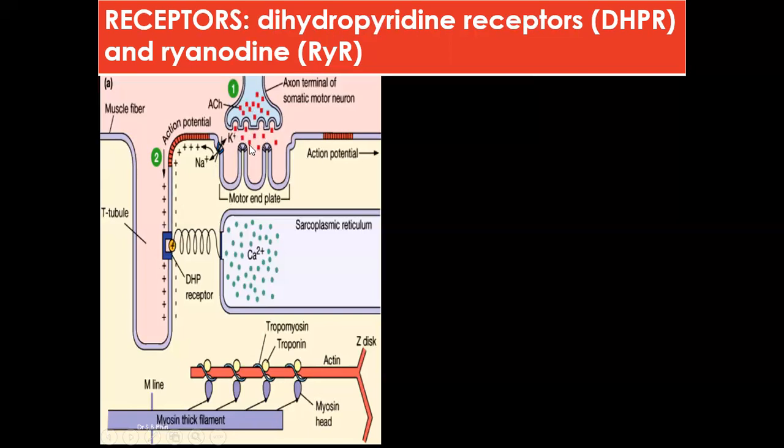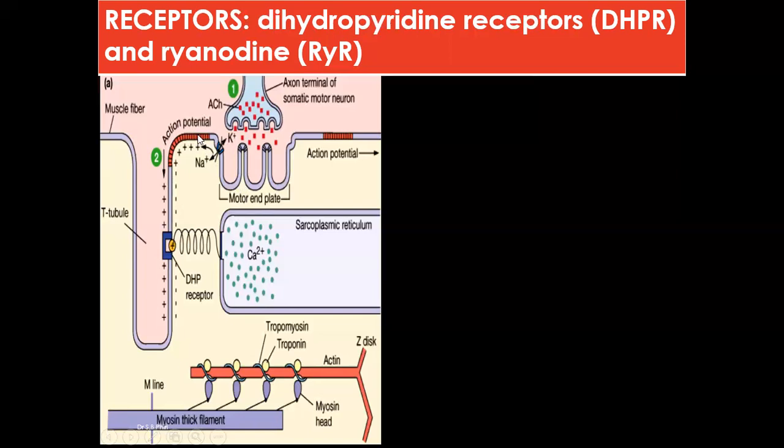Acetylcholine will bind to acetylcholine receptors. That will cause movement of sodium and potassium. Potassium will be leaving the cell, sodium will be entering the cell, but the movement of sodium is more compared to the movement of potassium. So the sodium entering the cell will depolarize the sarcolemma to the threshold.